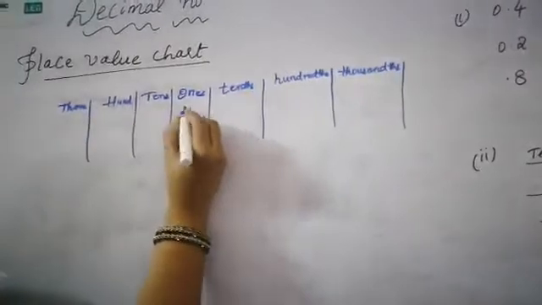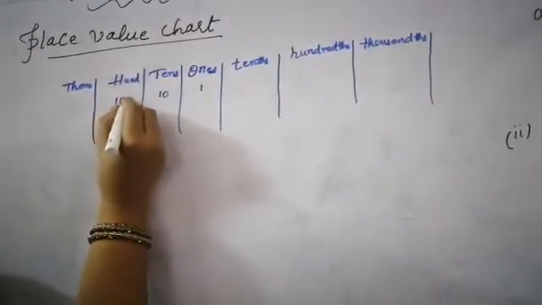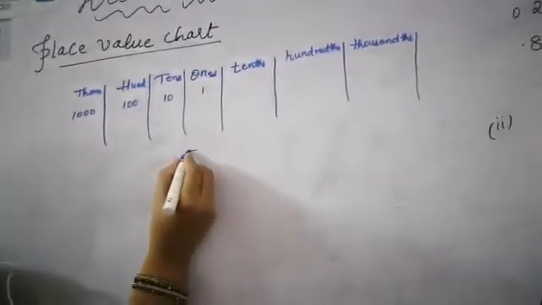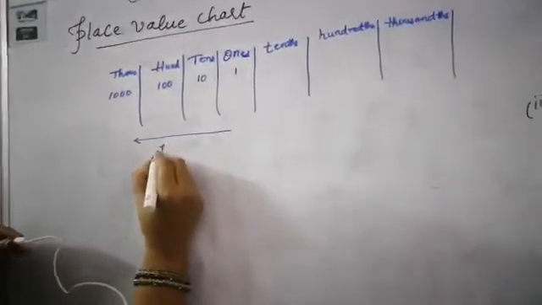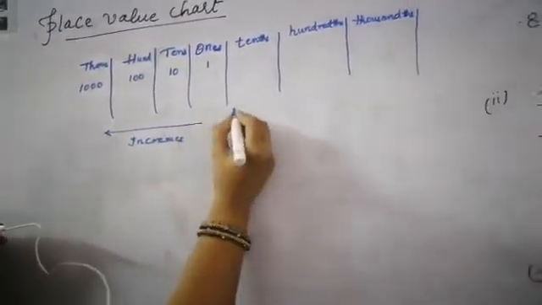Ones will be 1, and tens when you're multiplying by 10. When you're moving to the left side, 10 tens are 100, 100 tens are 1000. So when it is moving to the left side, the value increases, isn't it? This is common for both.